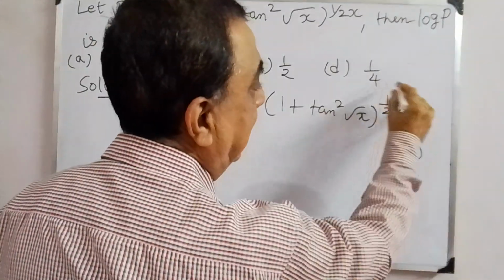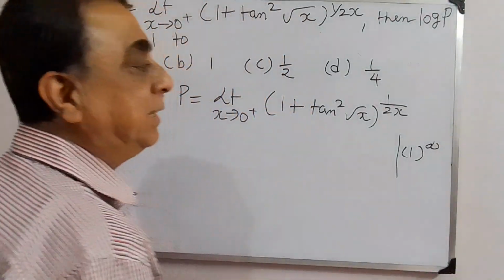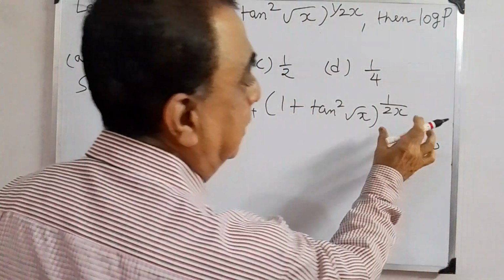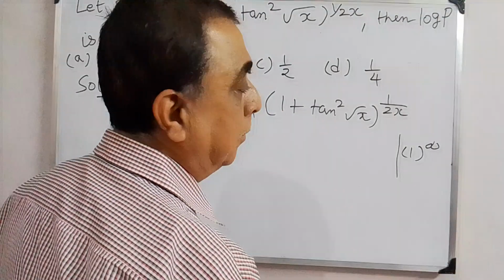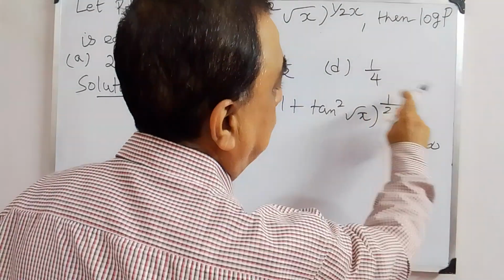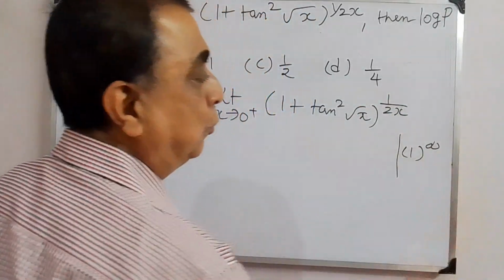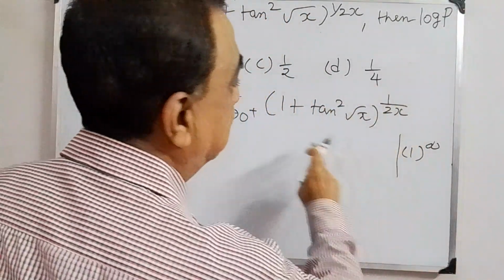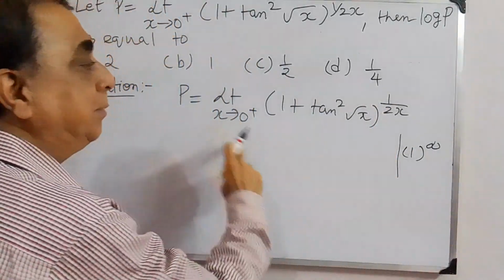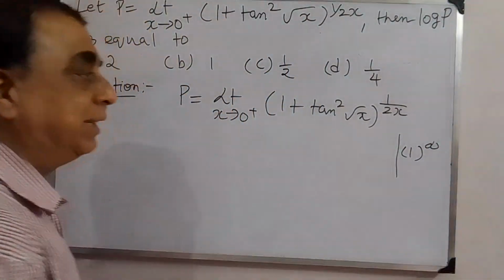This limit will become infinity, since 1 divided by a very small positive number near 0 tends to infinity. So this limit is of the form 1 to the power infinity.